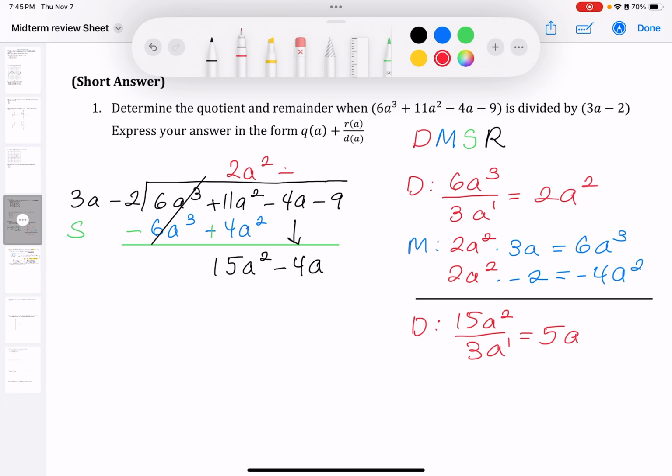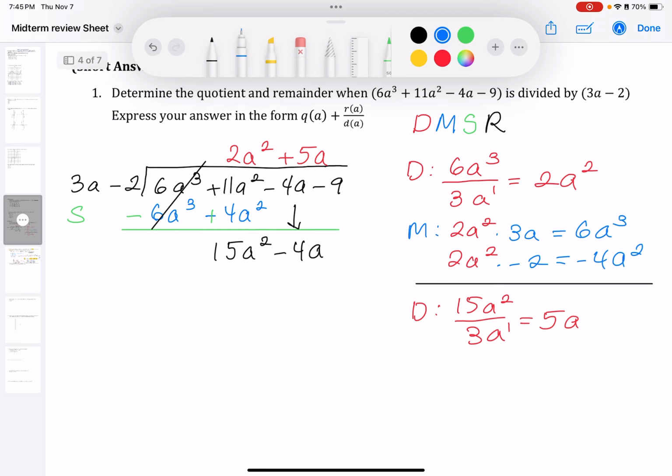Because that's positive, you can put on top plus 5a. Now you're going to multiply the 5a to your divisor. So now we can do 5a times 3a. 5 times 3 is 15. A times a is a squared. So put your 15a squared below.